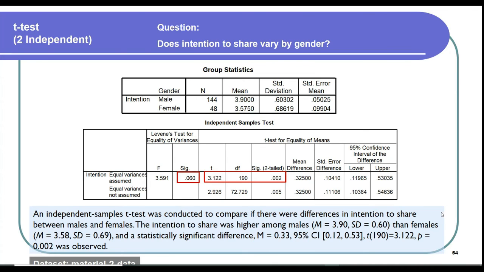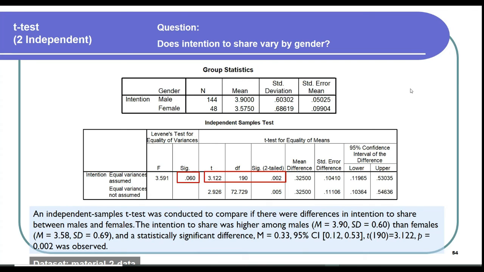You can report mean and standard deviation. Then you see the t value, and in the bracket you need to put your df. Your df is 193 point something. This one is the t value, and also you need to report your p value. So this is how you can report.